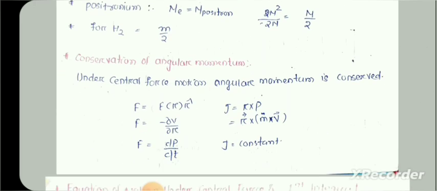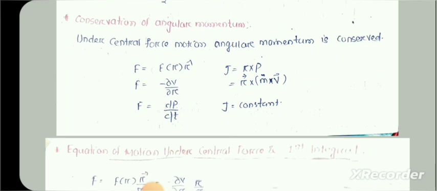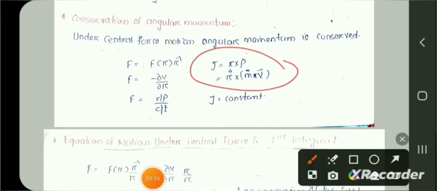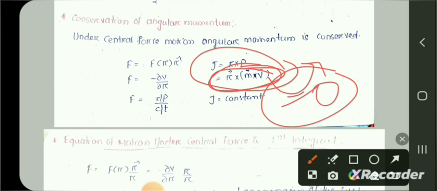Now let us discuss why the angular momentum is conserved. First, the formula of angular momentum is J equals r cross p. If we put in the formula and cross multiply, we get 0, so J will be constant.